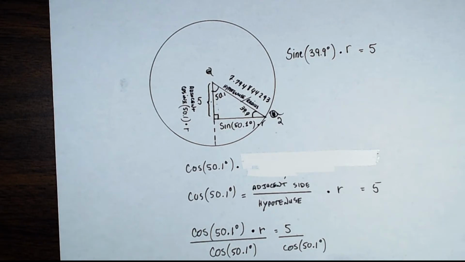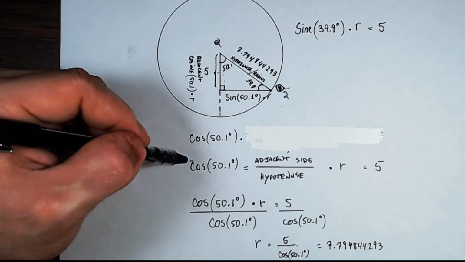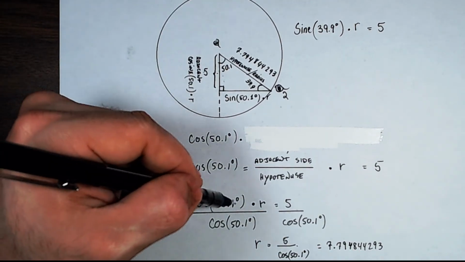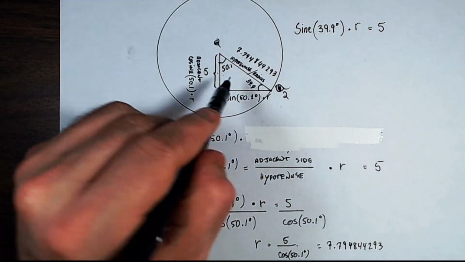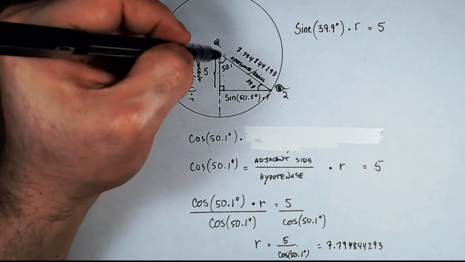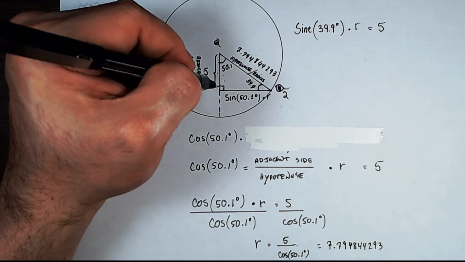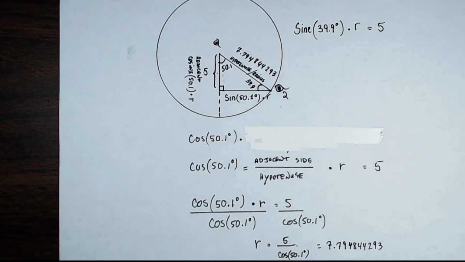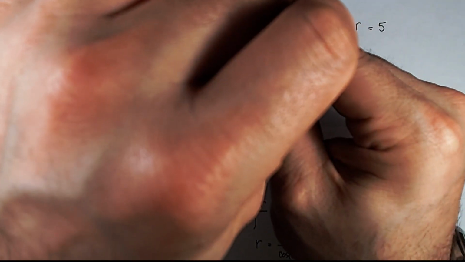Earlier we were using the cosine of 50.1 degrees. Now we're using the sine of 39.9, because that is actually drawing a new circle, since I have to put my pointy compass end over here by this eyeball and draw a new circle. It's kind of interesting.